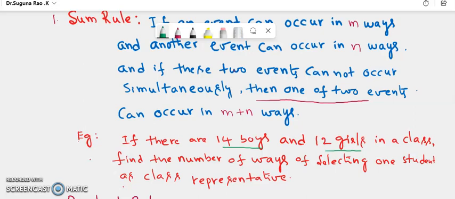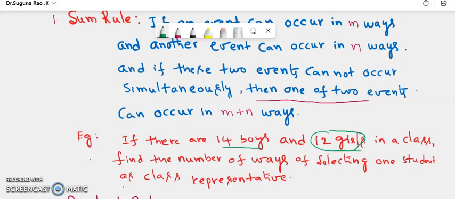Here there are two events. The 14 boys can be treated as one event, which can be done in 14 ways, and the 12 girls can be treated as another event, which can be done in 12 ways.